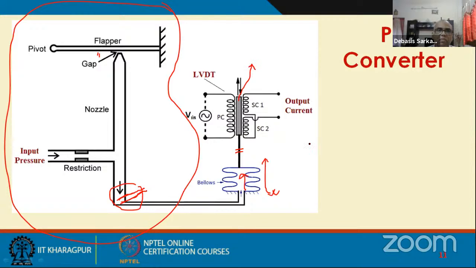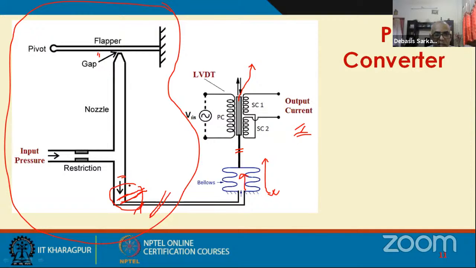The reverse thing happens if the pressure goes down. So this pressure is basically converted to the output current of the LVDT. So this pressure signal is getting converted to this output current. So this will work as a PI converter.